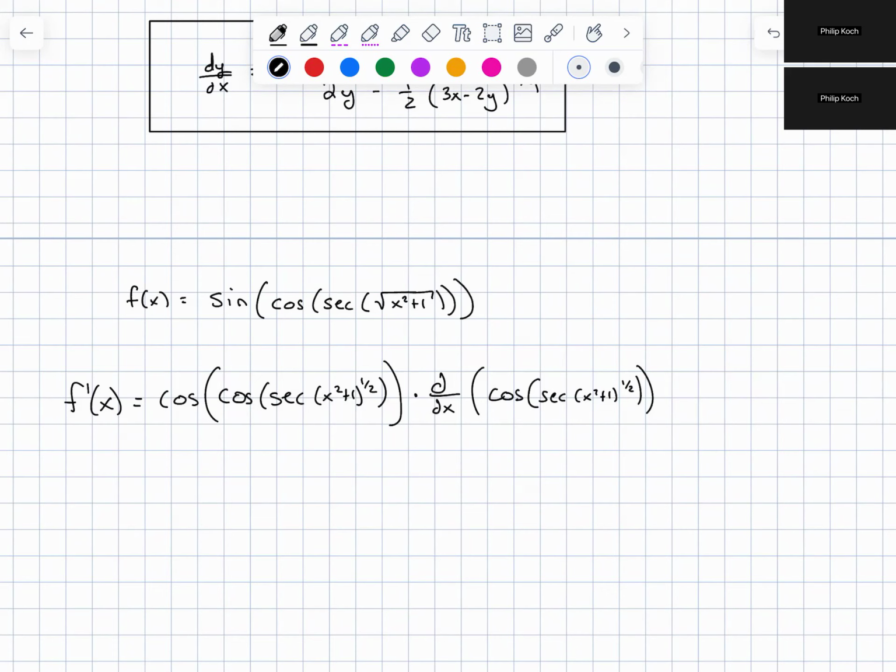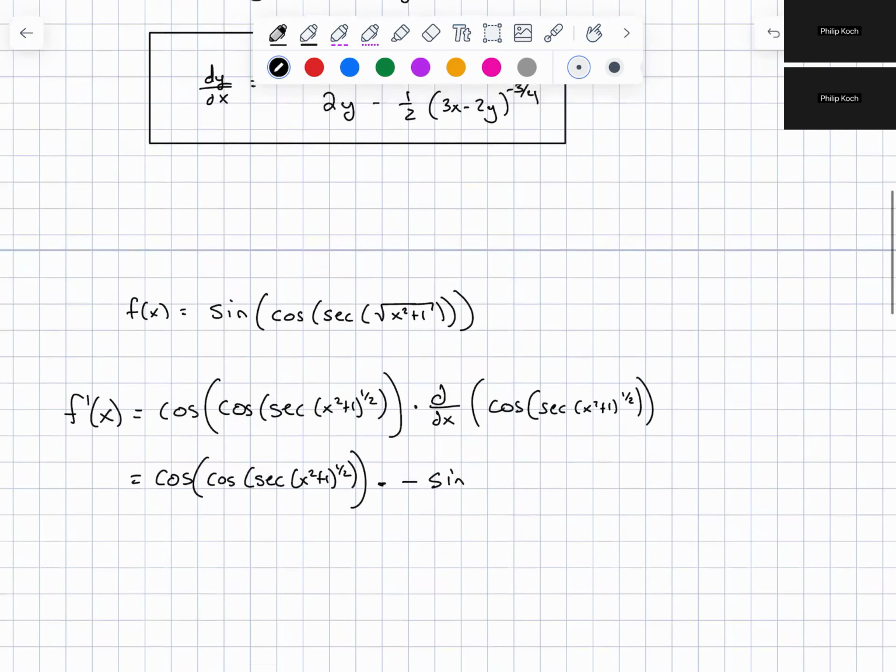Next, we've got to take the derivative of that thing. So we've got to do the outer function's derivative. The derivative of cosine is negative sine. So rewrite the whole thing: cosine of secant of x squared plus 1 to the 1/2 times parentheses, and I'm going to be a stickler about this, don't write it without the parenthesis, because that looks like you're subtracting sine, especially if it gets too close together.